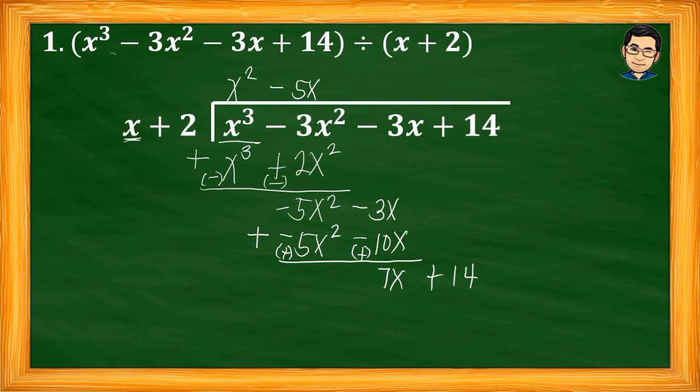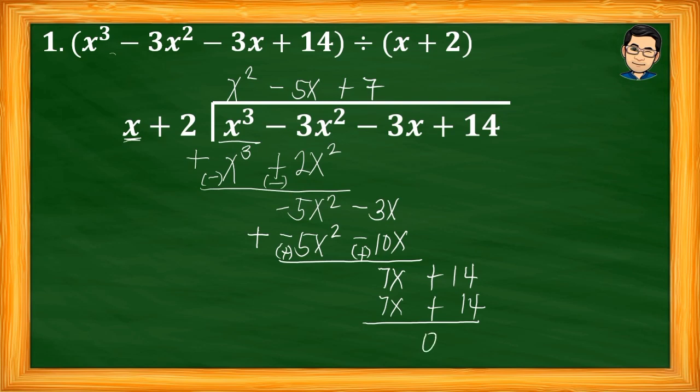Finally, 7x divided by x, makakancel yung x. So, matitira na lang po is 7. And then 7, for the last time, imumultiply natin sa x plus 2. So 7 times x, that is 7x. 7 times 2, that is 14. Then we subtract. Ang sagot po dito is 0.